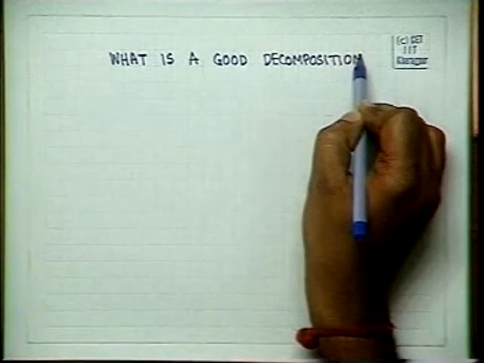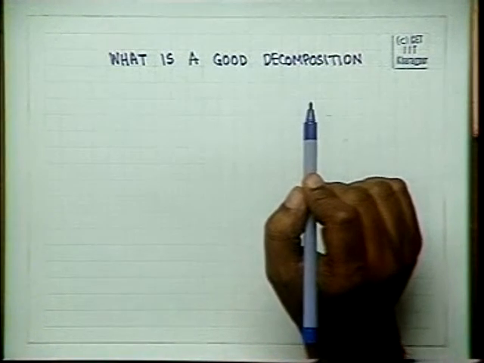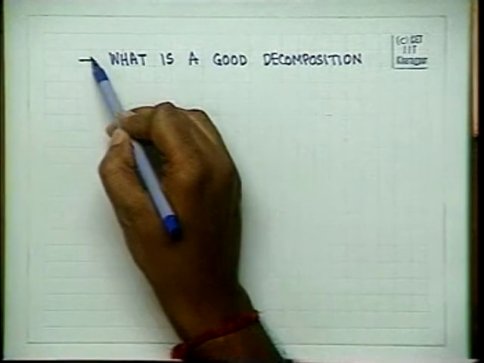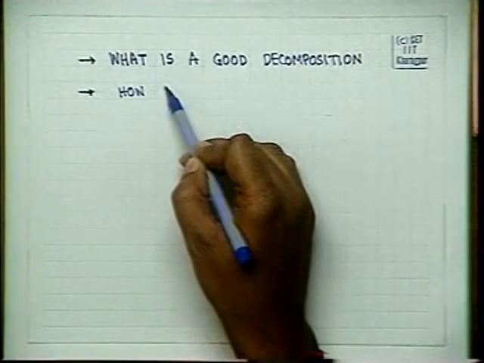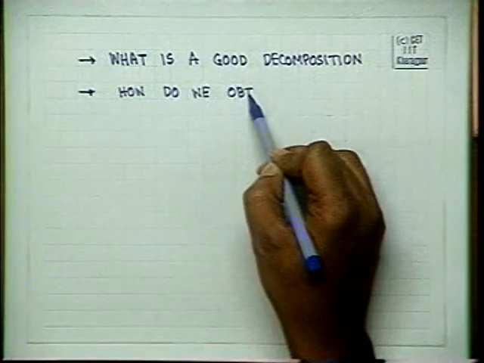That question we have tried to answer. One which is lossless join, which has got no redundancy and which is dependency preserving. The second is how do we obtain it?